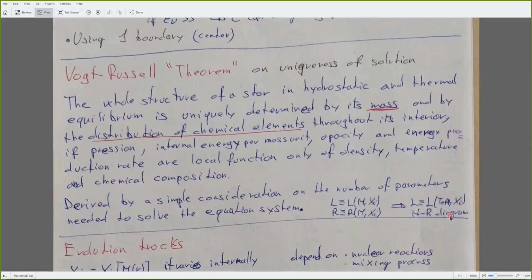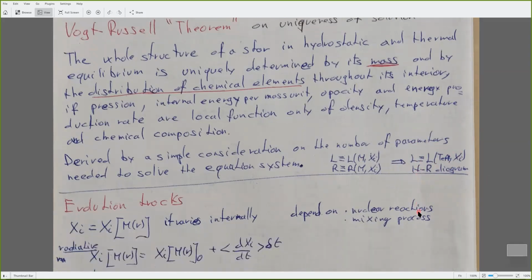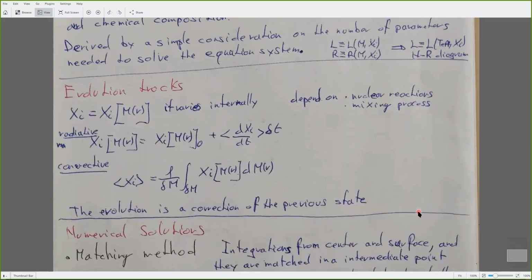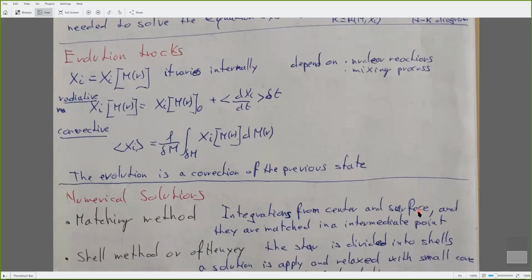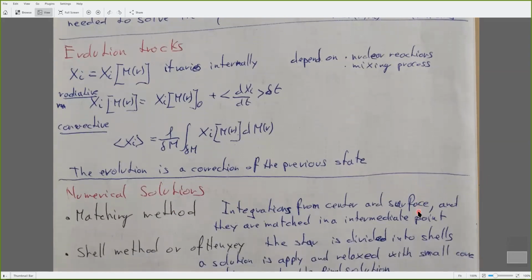Each star is put in a different point of the temperature and luminosity plane according to its mass and composition. This is part of how we can calculate evolution tracks.